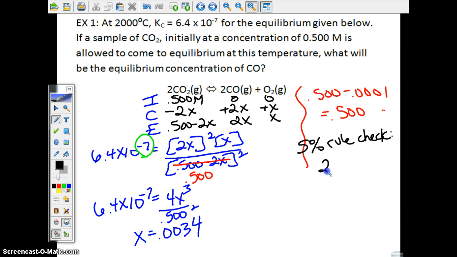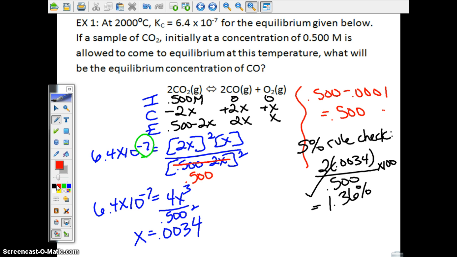We take 2 times x and divide it by 0.5 to make sure that that's less than 5%. You guys see what I mean? The 0.5 is what we were subtracting from. The 2x is what we were subtracting. We want to make sure that that's less than 5%, and that makes our assumption valid. And it's 1.36%. So yes, we win.